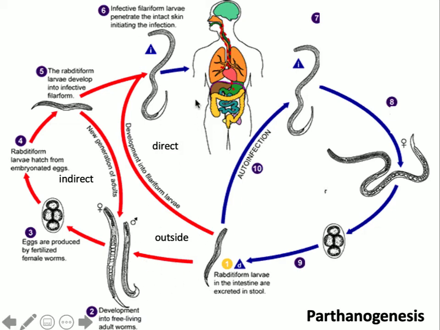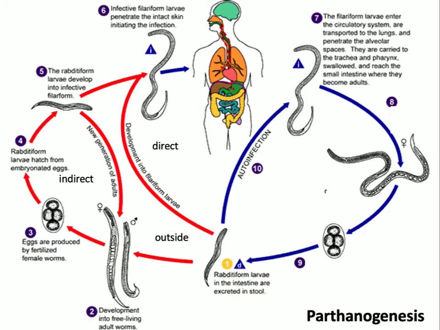This is going to also be similar in terms of lung migration. So if we take a look here, the filariform larvae, because they penetrate the skin, they're going to go into the circulatory system, they're going to get into the bloodstream, they're going to get into the lungs. And once they're in the lungs, they will damage the lung tissue to get into the alveolar spaces.